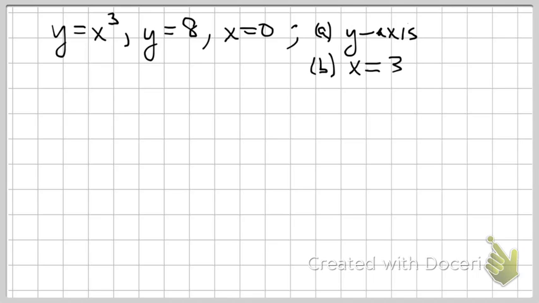X equals 3. Y equals -1. And x equals -2. Why not? I'm just going to pile them on. All right?